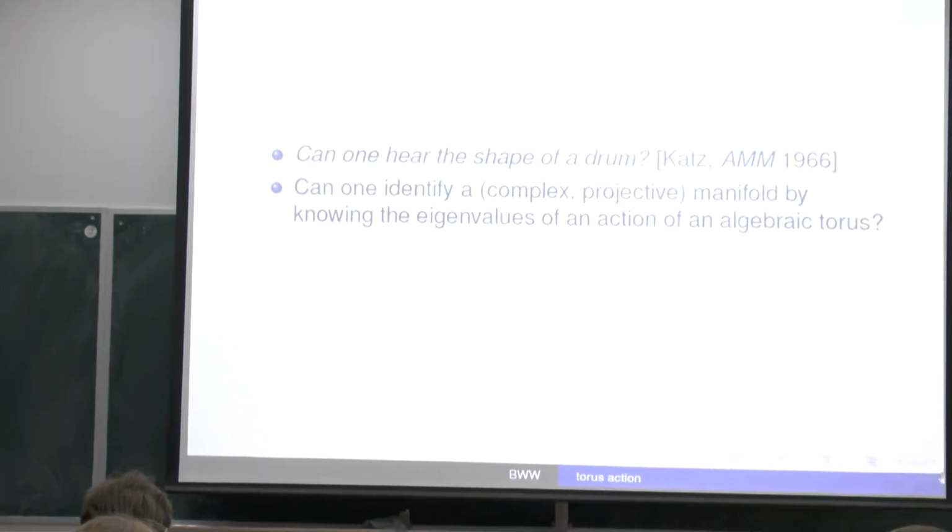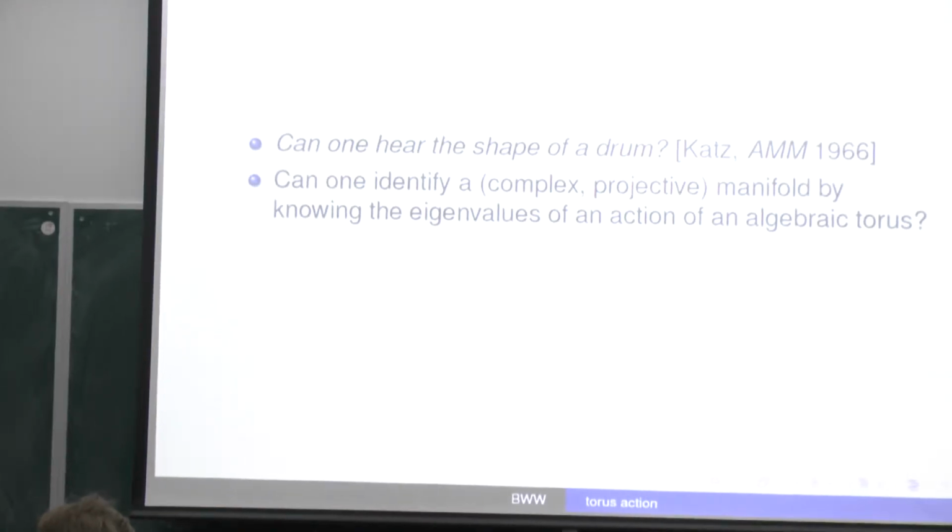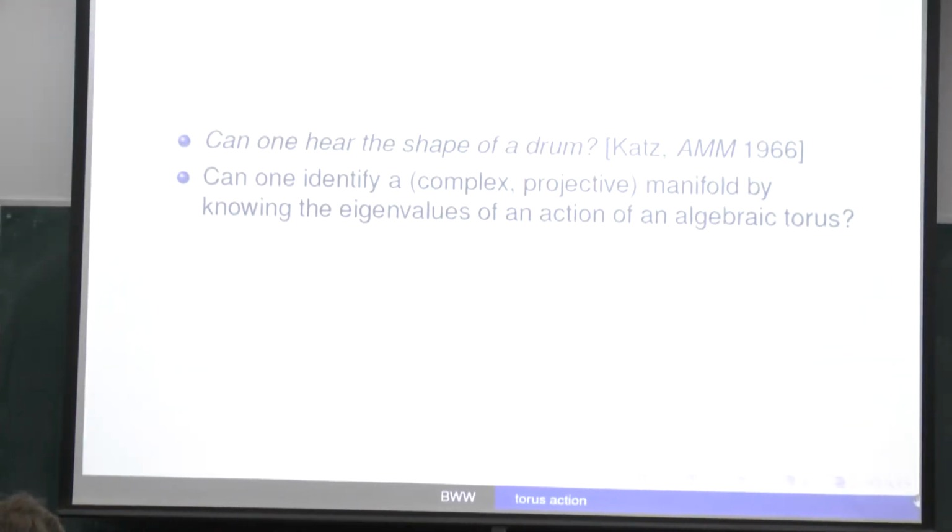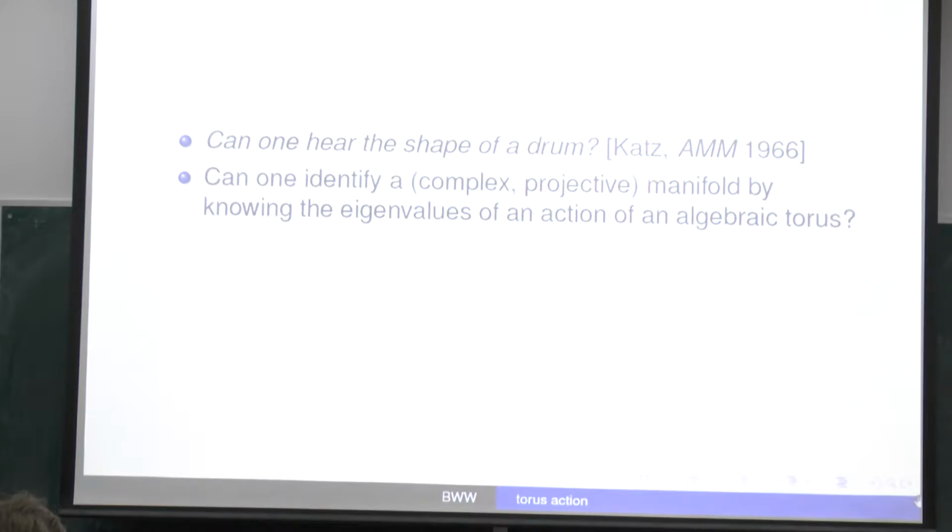In other words, you want to analyze frequencies. In terms of algebraic geometry, it's studying varieties in terms of the action, and actually in terms of the eigenvalues and the eigenspaces of the action.